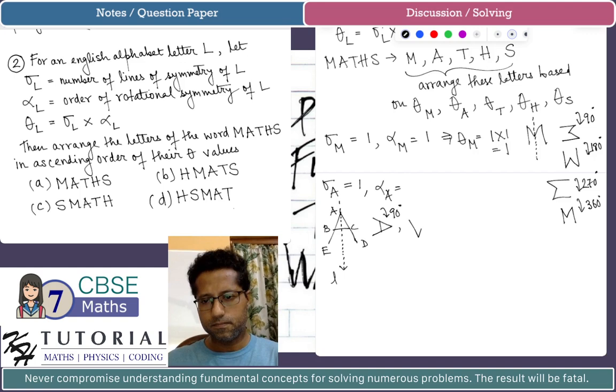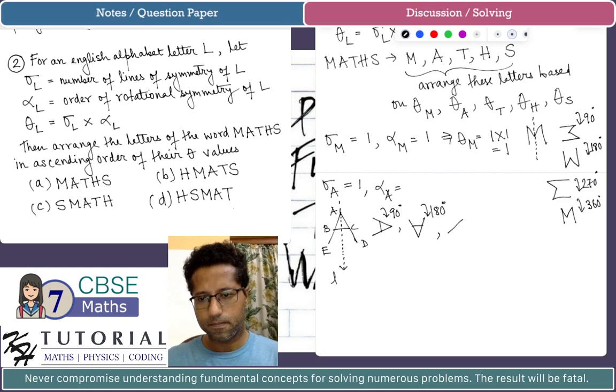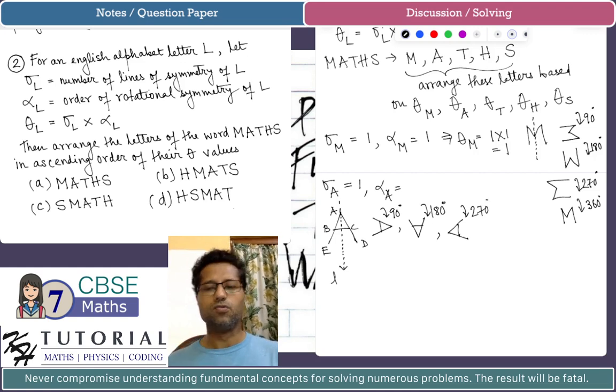We get an upside down A. This is also not looking identical to A. If you rotate the letter A 270 degrees clockwise, we get this. This is also not looking identical to letter A. So definitely the next angle will be 360 degrees, and obviously it will look identical to letter A. So the order of rotational symmetry for the letter A is 1. So this implies theta A is also equal to 1 into 1 equals 1.